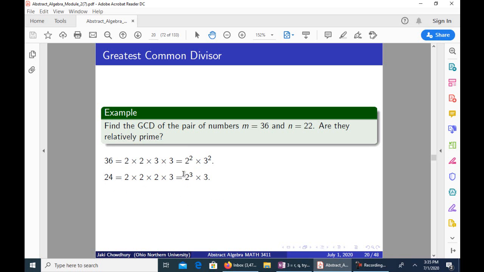So we're going to pick 2 squared. And then between 3 and 3 squared, we're going to pick 3. We always pick the smaller power. So we get 2 squared times 3, and that's 12, the GCD of the two numbers. So this is another way of finding the GCD.